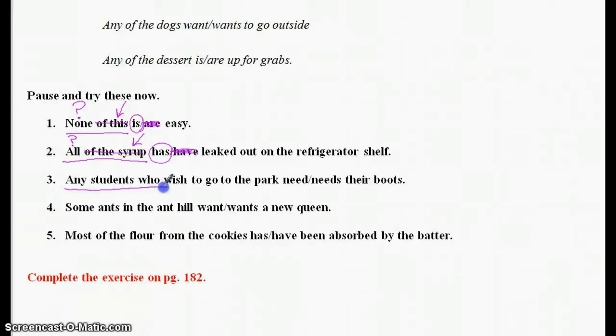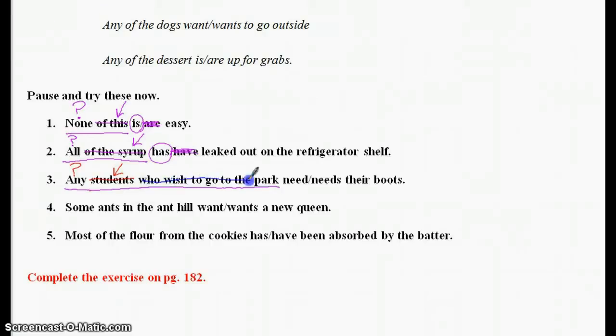Any students who wish to go to the park. We have two things happening here. First of all, there is no prep phrase that immediately follows that we see, but isn't it implied? Any of the students? It is. And we just take out the of the. So it is this core noun we're looking for. What's this over here?